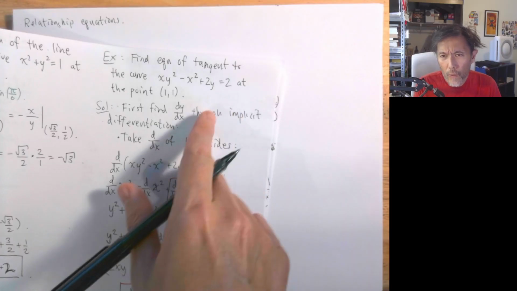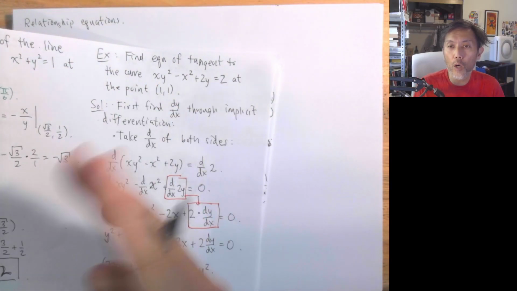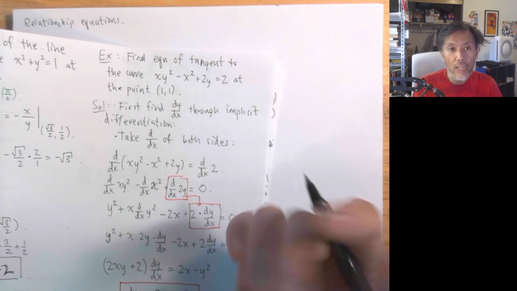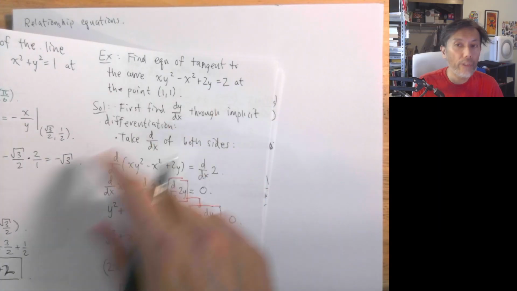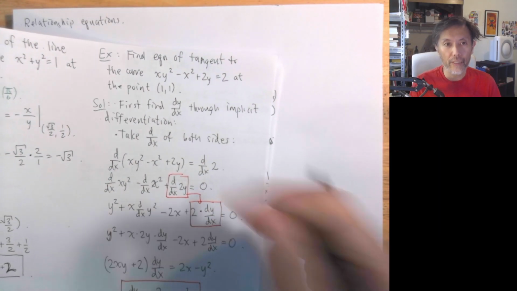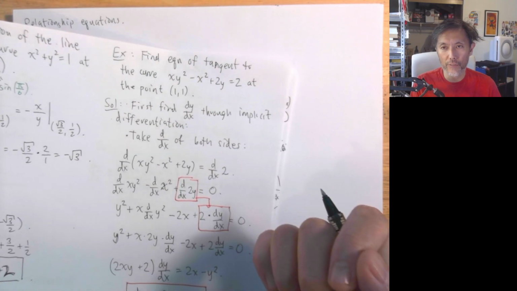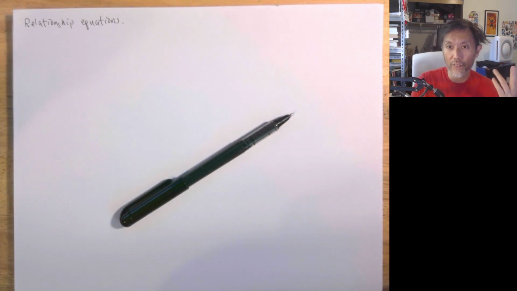We can regard this as a sort of relationship between x and y, because if you know the value of, let's say, x, then you could, in principle, figure out what values of y would satisfy this equation. So we want to think about these things as relationship equations, but we want to particularly focus on real world or physical kinds of applications.